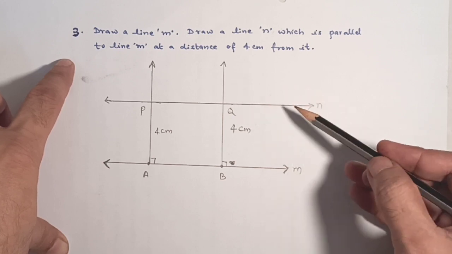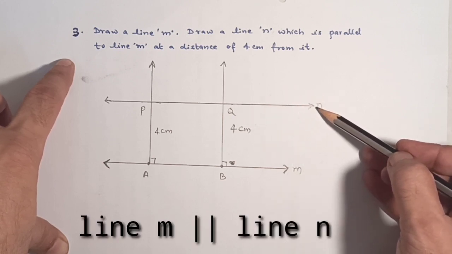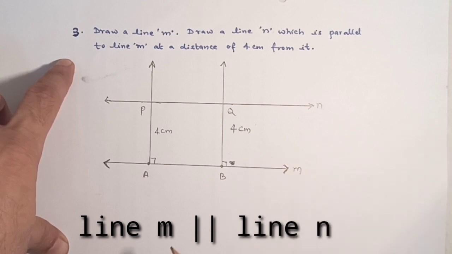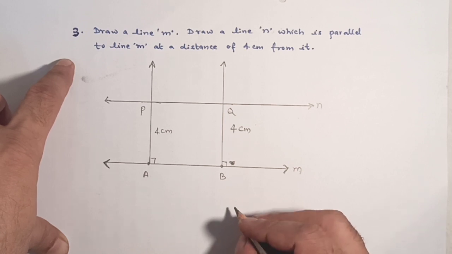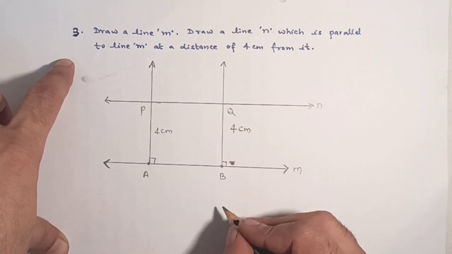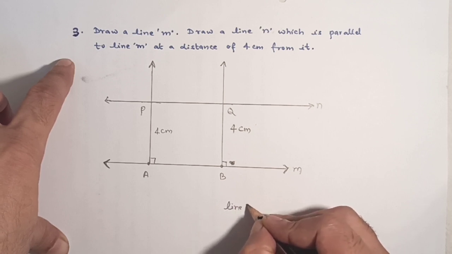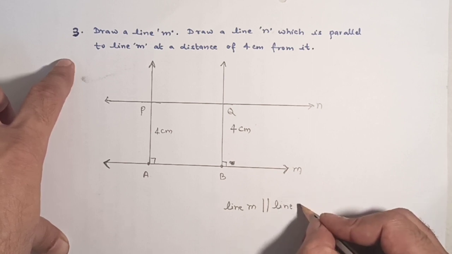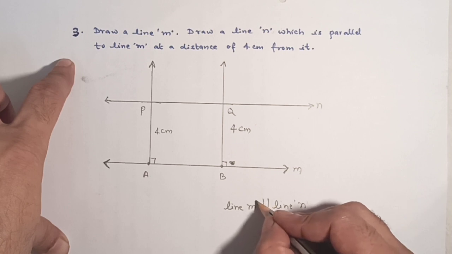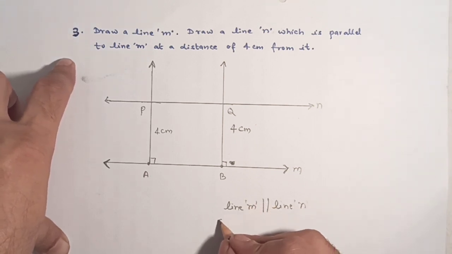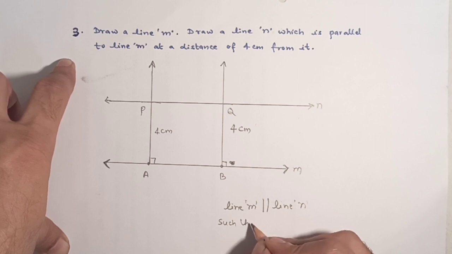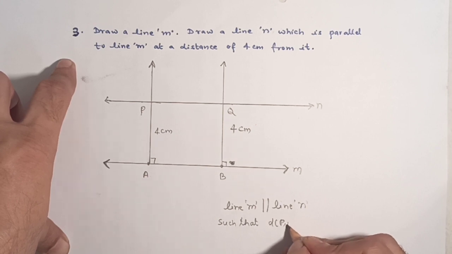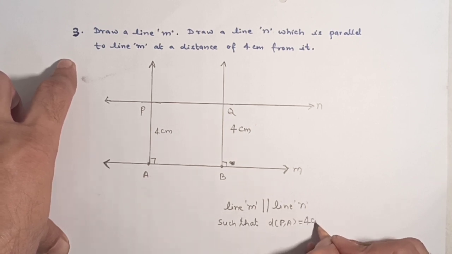Now you can say that line N is parallel to line M, and the distance between them is 4 centimeter. So line M is parallel to line N, says that distance between P and A is 4 centimeter.